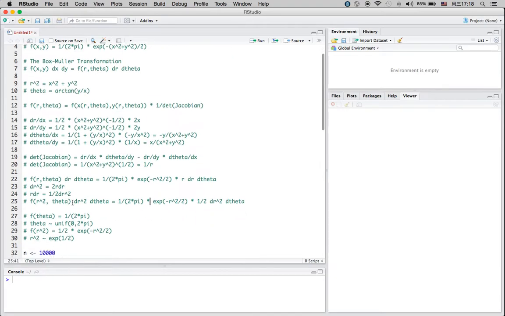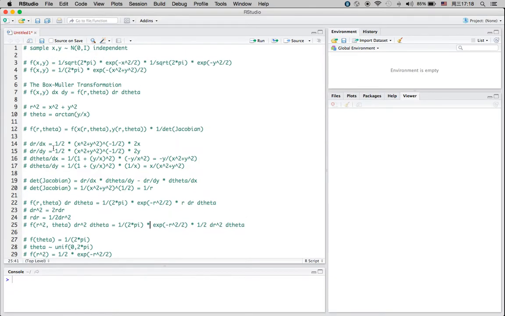So basically what we are doing here is that we rewrite our target distribution from variables x and y to the same target distribution under new variables, which was first r and theta, and now we convert it to r squared and theta. Let's compare with our previous formula.